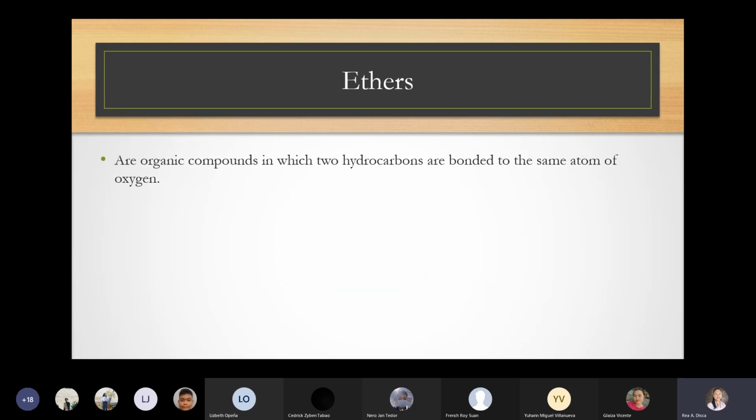So, let's go with your ethers. So these are also compounds containing oxygen. Ethers are organic compounds in which two hydrocarbons are bonded to the same atom of oxygen. Okay, so ethers are represented by the general formula R O R, where R may be the same hydrocarbon group as R or a different one.